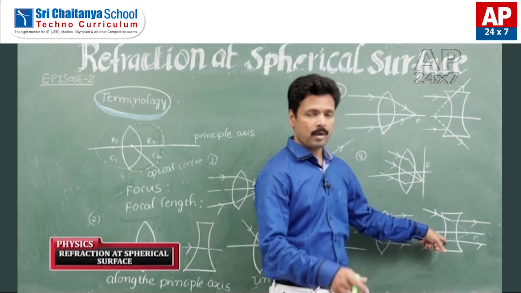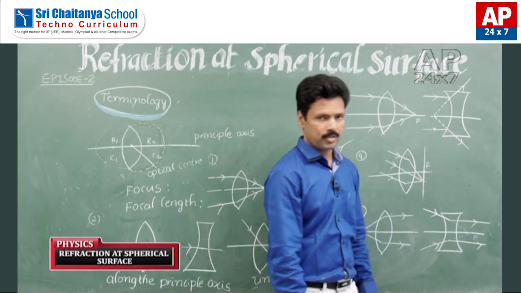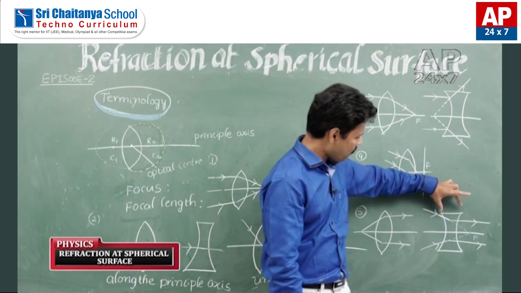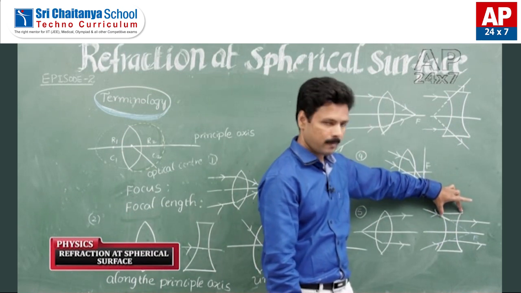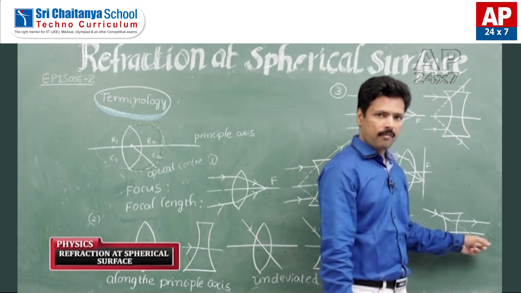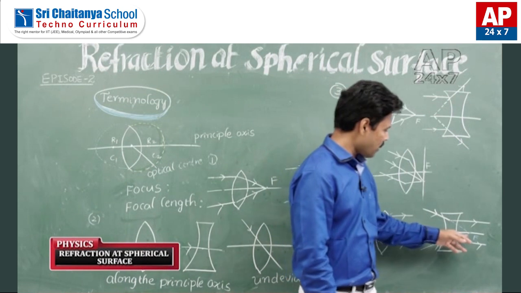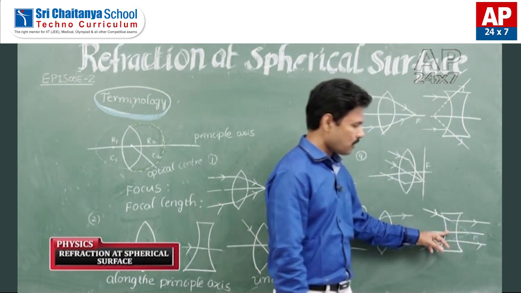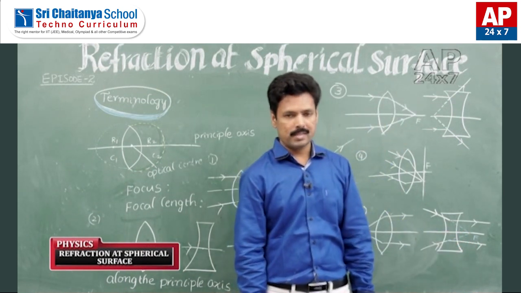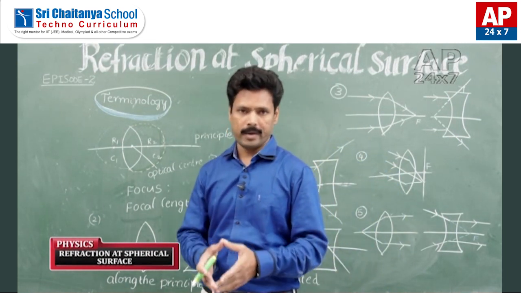Means if you did not have the concave lens, they would converge at this point. But since we have a biconcave lens here, it diverges them like this. That means after refraction they become parallel. So this is the focus in this concave lens. So this is regarding types of lenses and some important ray diagrams, right?